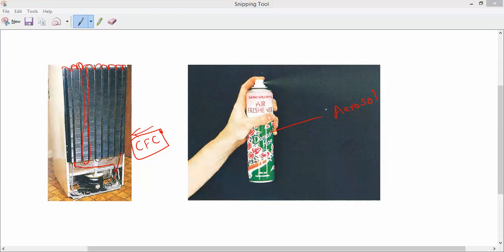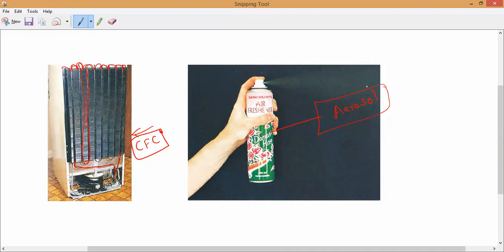And if you take aerosols, you might be using them in a car or home, including the Hit spray you use for killing cockroaches, correct? Black Hit, blue Hit, whatever the Hit. That Hit is also an aerosol only, which contains a mixture of CFC and liquid air under pressure. When the pressure is released, remember, the CFC acts as a propellant and pushes out the air in the form of spray. That is the reason we are using CFC inside along with the air pressure.